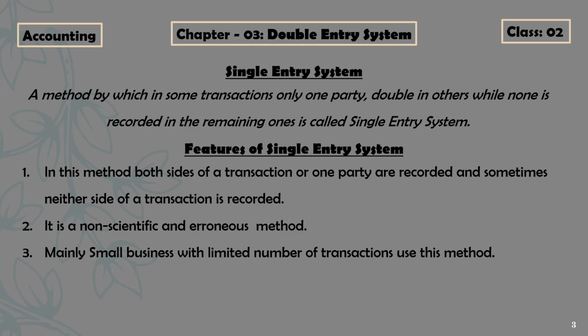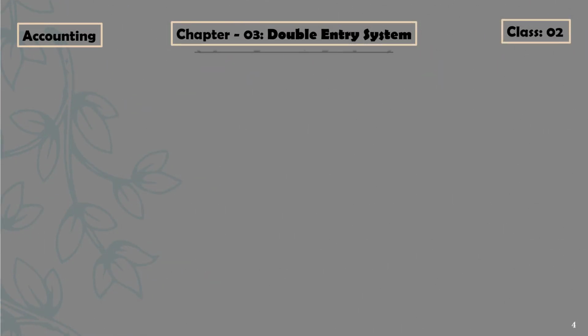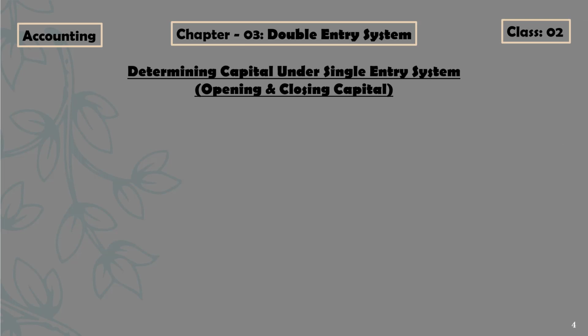So let's move on to the next topic, determining capital under single entry system, opening and closing capital. We have already learned that under a single entry system there are two types of capital. They are opening and closing capital.